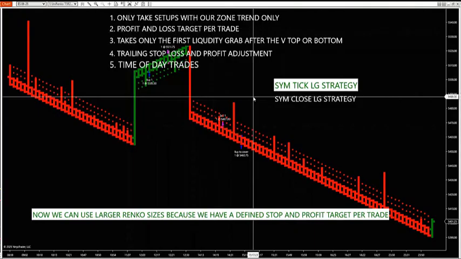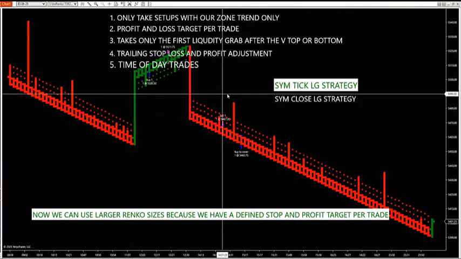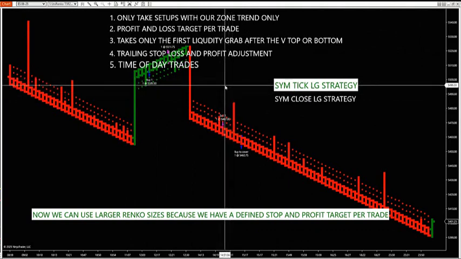I found a way off of our larger zone trader, putting this on a larger Renko chart where the biggest breaking point in the market can happen 3, 4, or 5 times during the day.